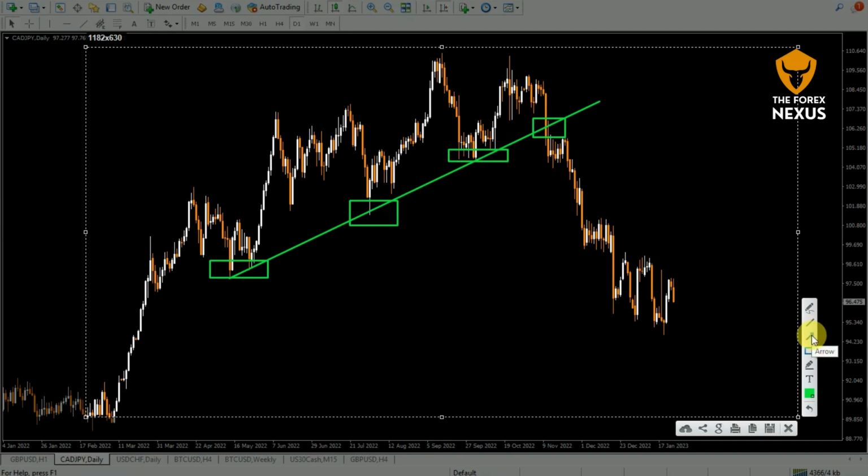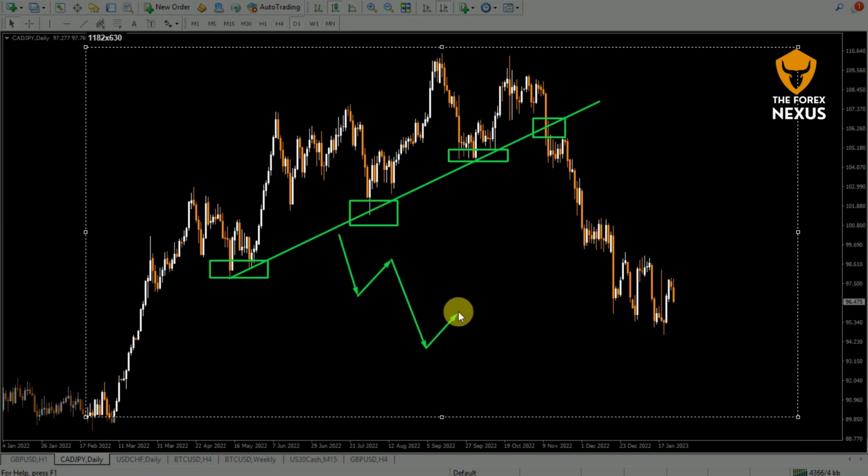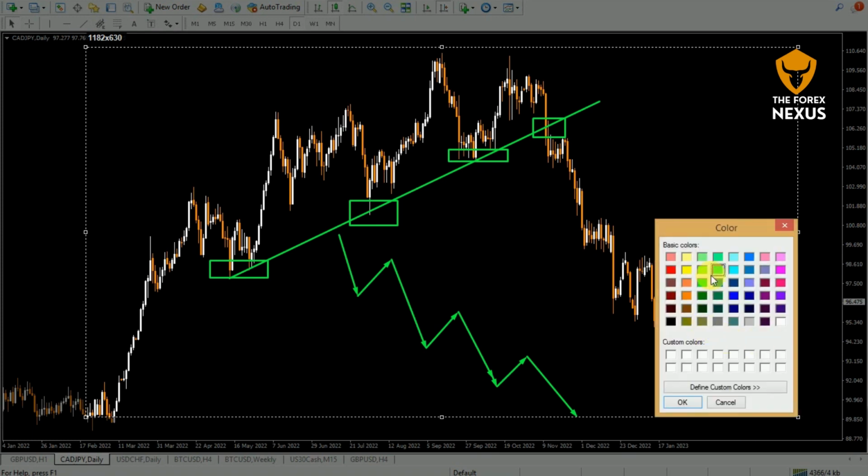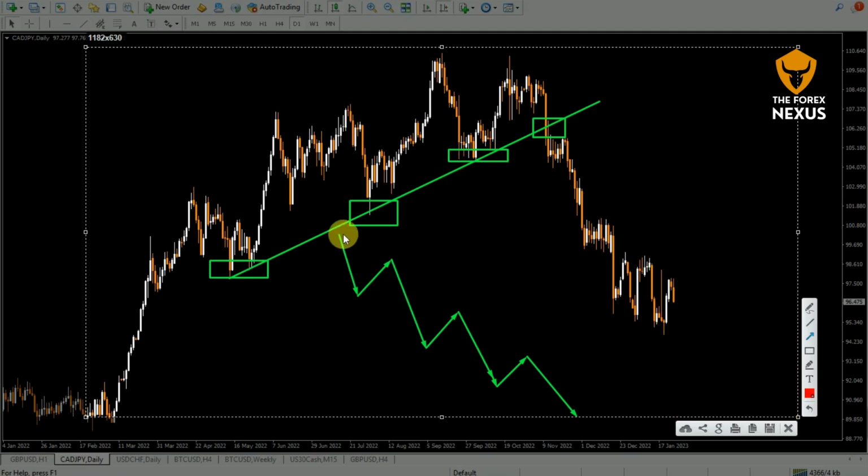Same for the bearish trend. If the market is dropping and making lower lows, then we will draw a trend line.